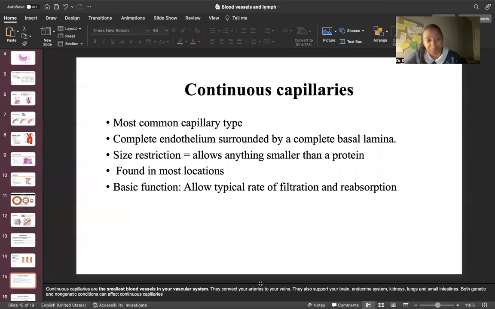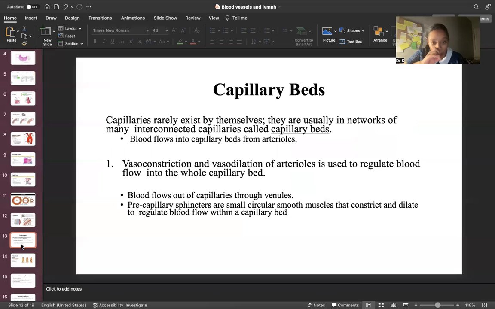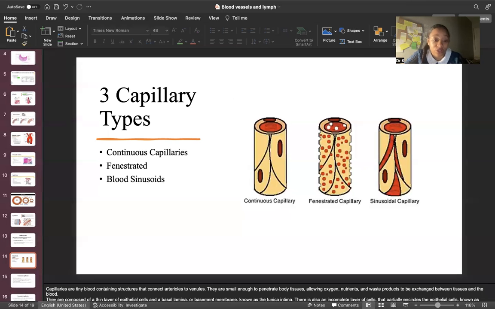So now there are also different types of capillaries. You're probably like, more?